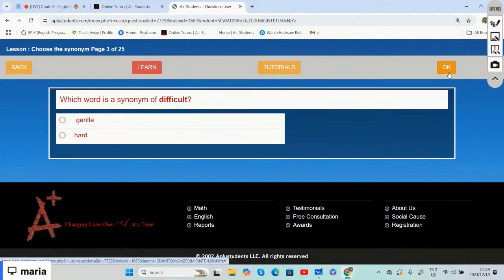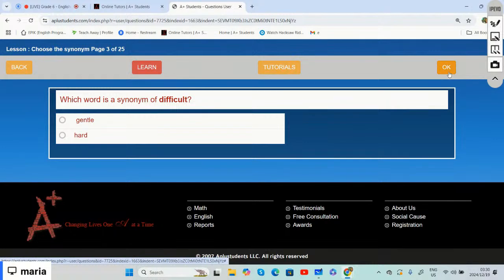Is it option one, gentle, or option two, hard?